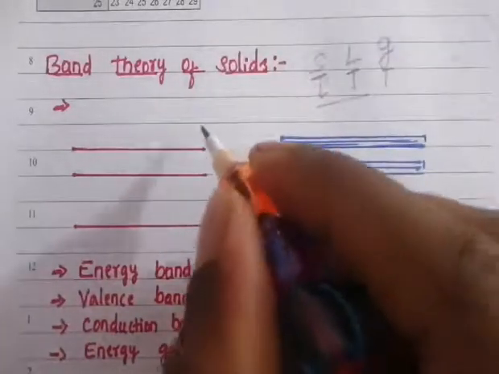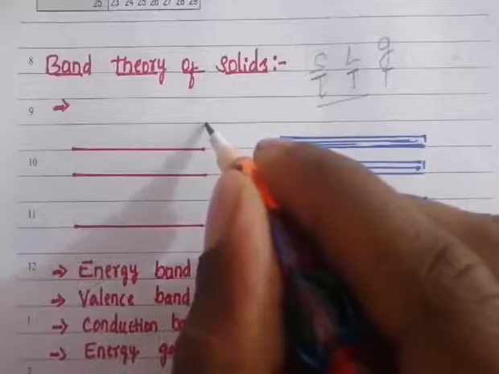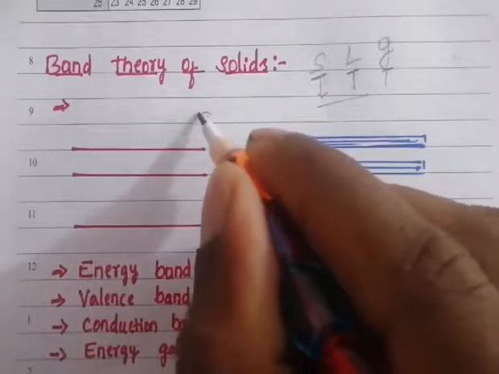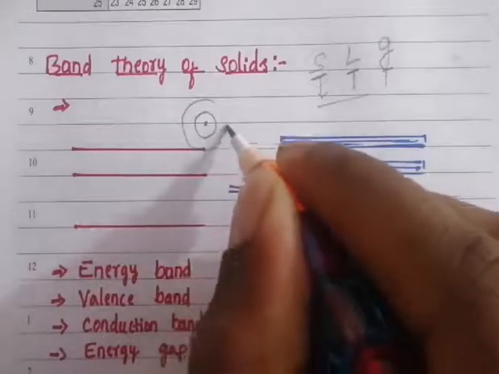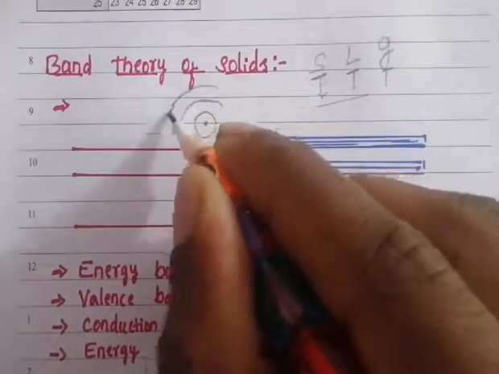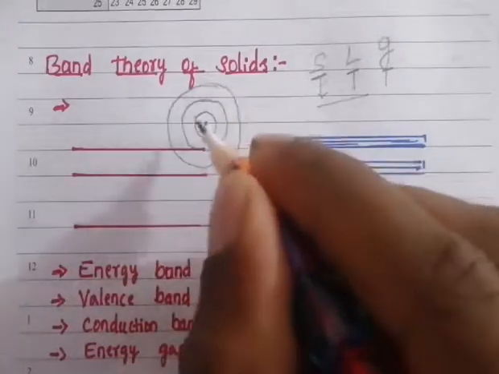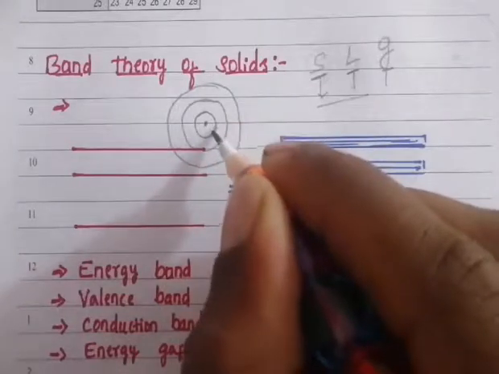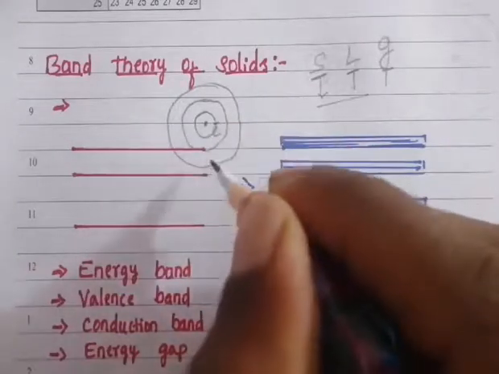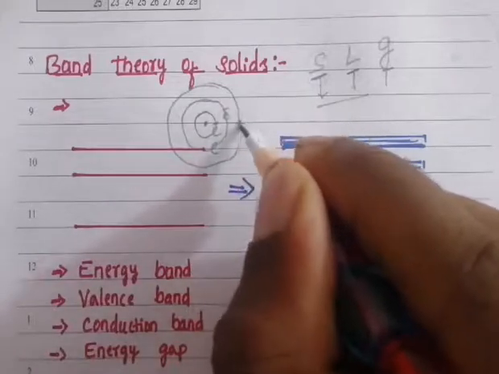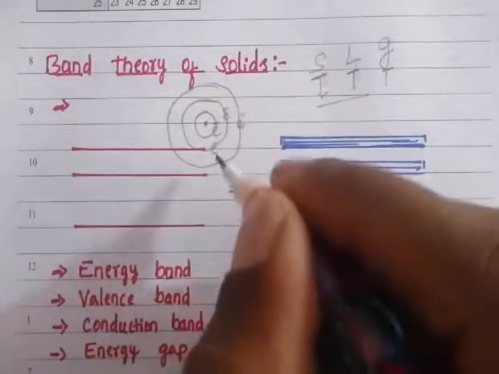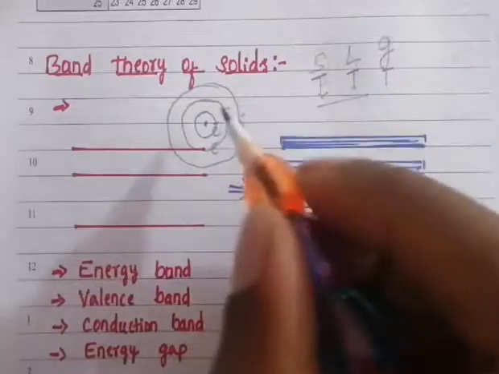Also, we know about the atom. An atom consists of a nucleus. Around the nucleus, the electrons revolve in different orbits. Like this is the nucleus, this is the innermost orbit with the innermost electron, and these are the other electrons revolving in different orbits.